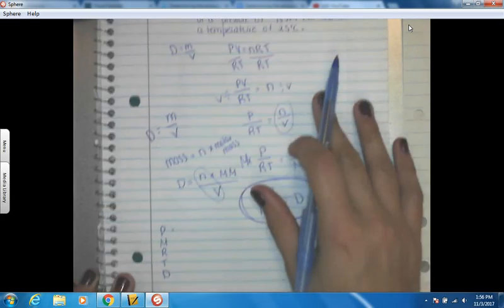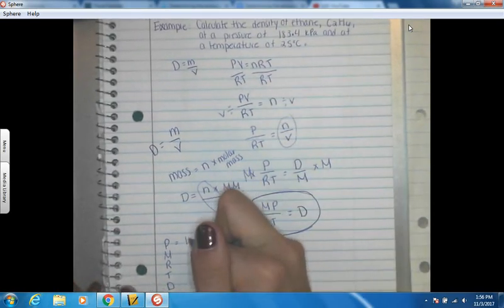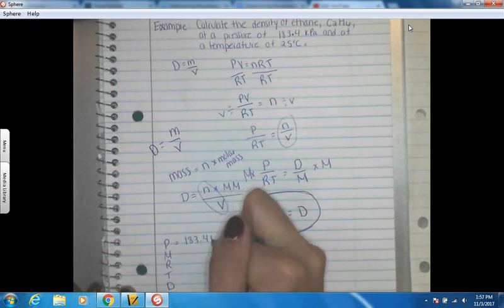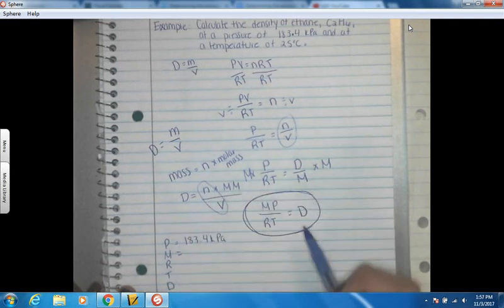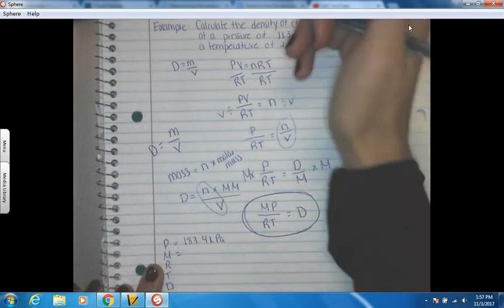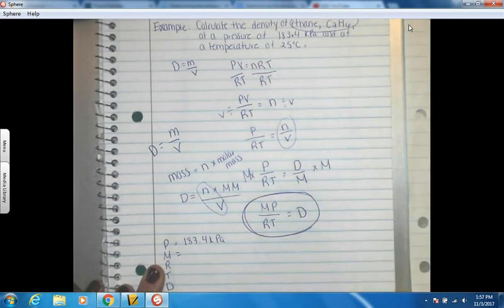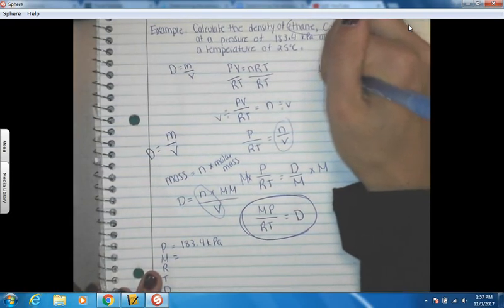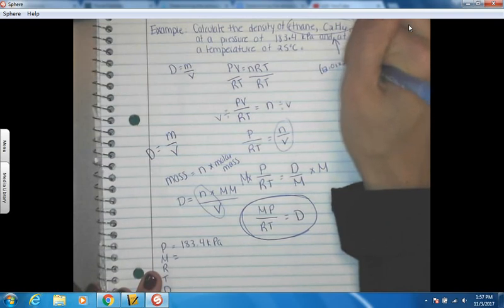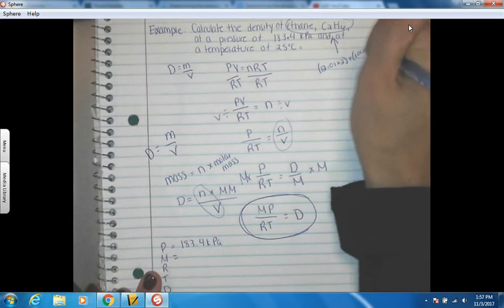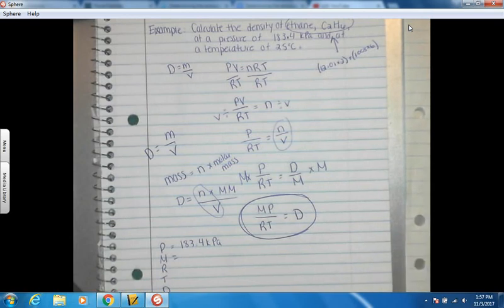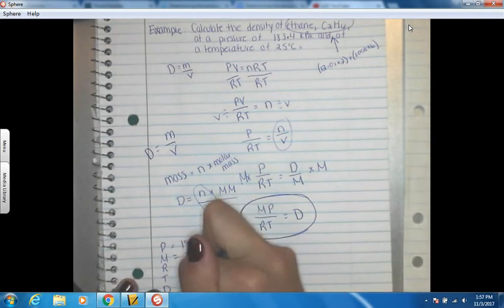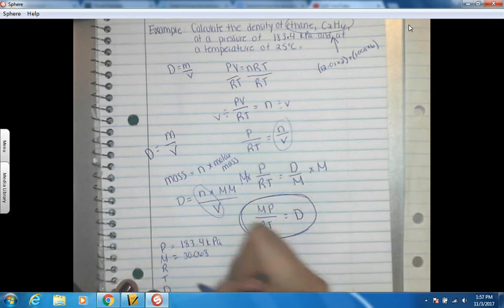The pressure given to us in the problem was 183.4 kilopascals. Now we need to figure out the molar mass of the substance. We have ethane, which is C2H6. So the molar mass is 12.01 times 2 plus 1.008 times 6, which comes out to 30.068.